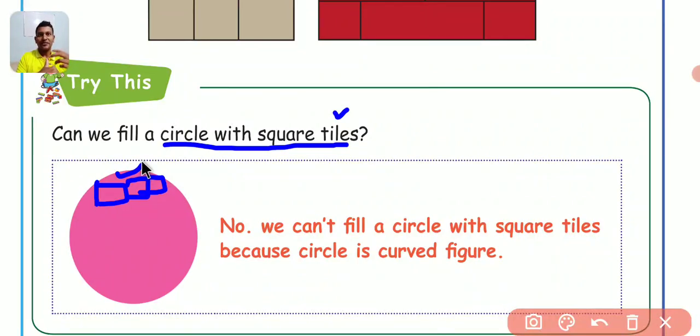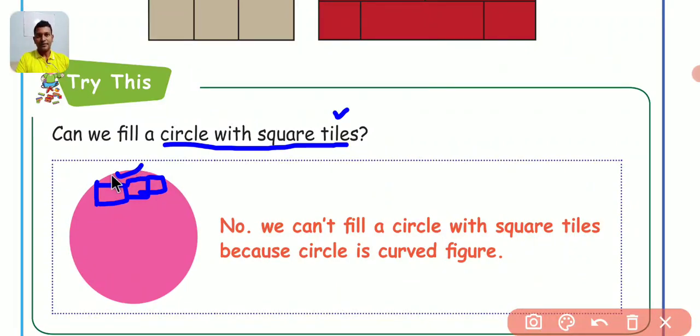That is the definition of tiling or tessellation. This you also learned in your third standard. In tiling or tessellation, if you are arranging some pattern, there must be no gap and no overlap.